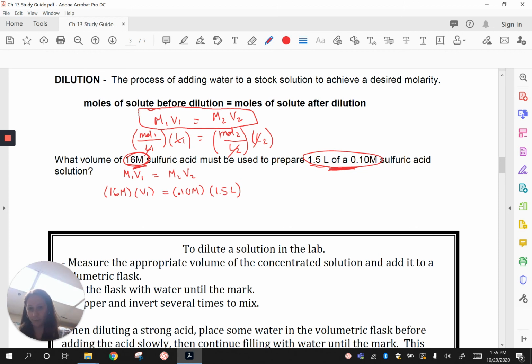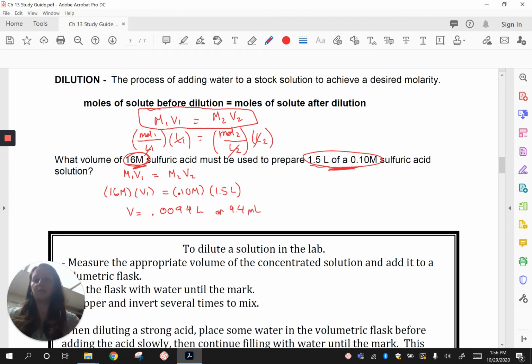So 10th molar times 1.5 divided by 16 molar, I get 0.009375. So V1 is equal to 0.0094 with sig figs. This is liters, so you can convert it to milliliters if you want. It's 9.4 milliliters, either way.